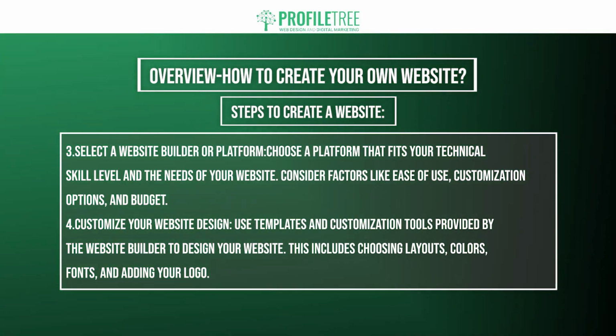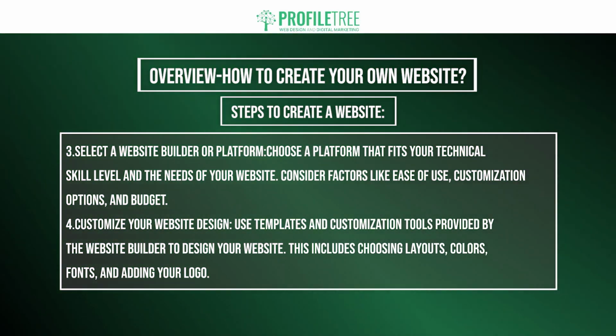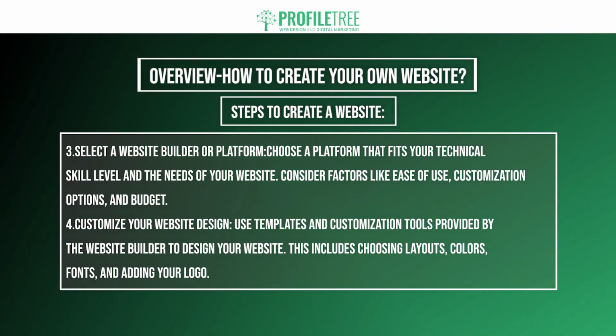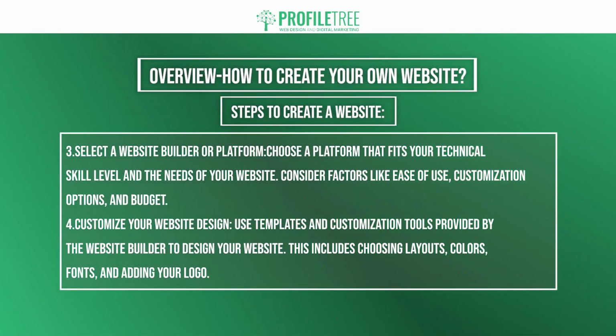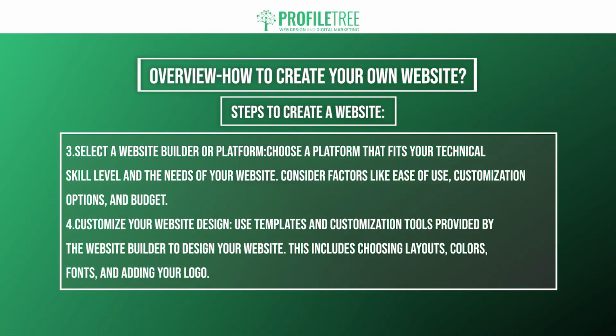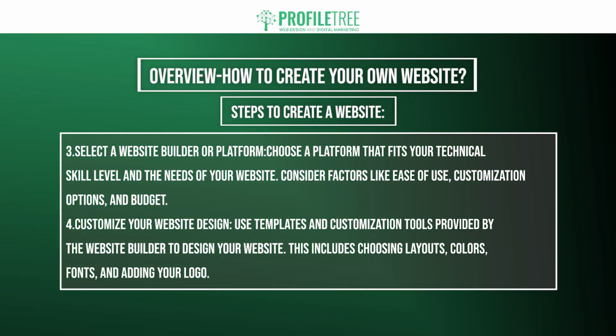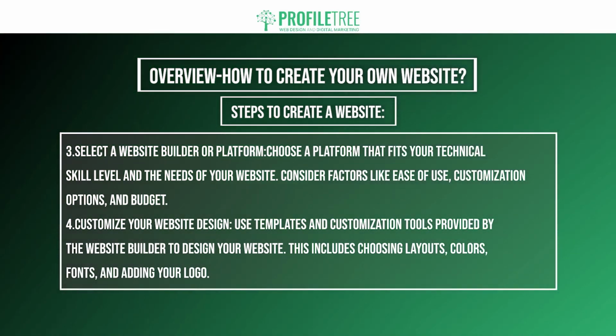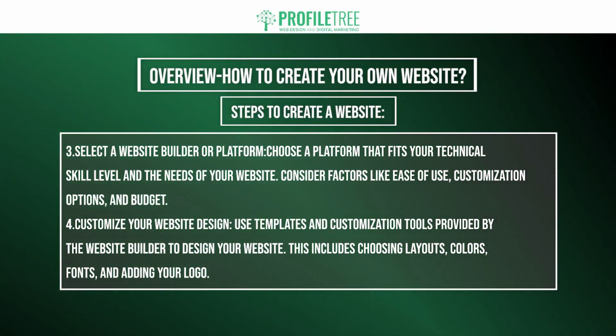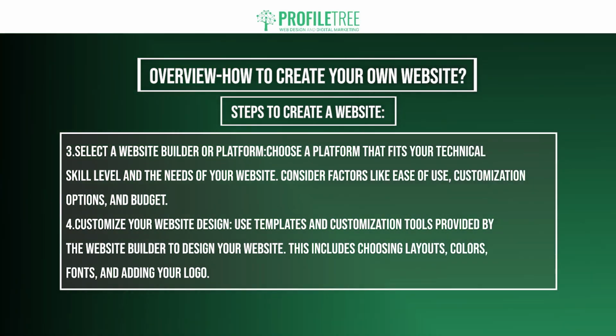Number four then is to customize your website's design. There are several different options and templates to choose from in terms of customization. So be sure to get an idea of your website, use templates and customization tools that have been provided by the website builder to design that overall website.